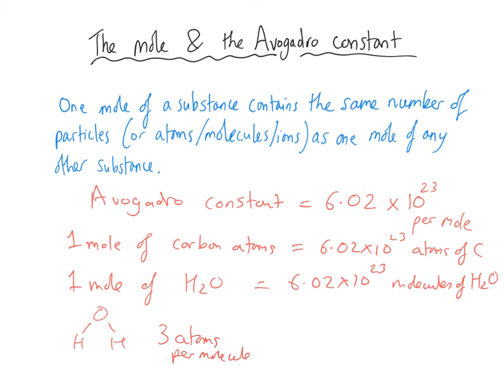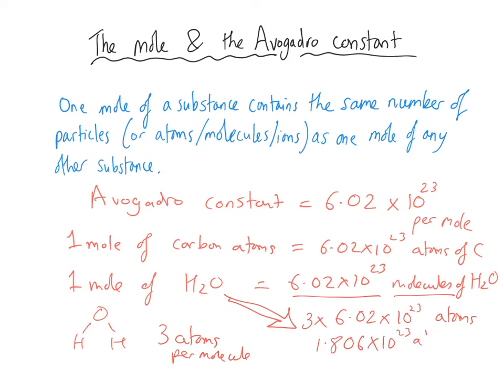If we had 1 mole of water, it's got 6.02 times 10 to the 23 molecules of water in that quantity, but what it would have in terms of atoms is 3 lots of that number. So 3 multiplied by 6.02 times 10 to the 23 atoms in water. And so that would come out to be 1.806 times 10 to the 24 atoms. Although we'd probably round those to 1.81 because everything else was to 3 significant figures in there.